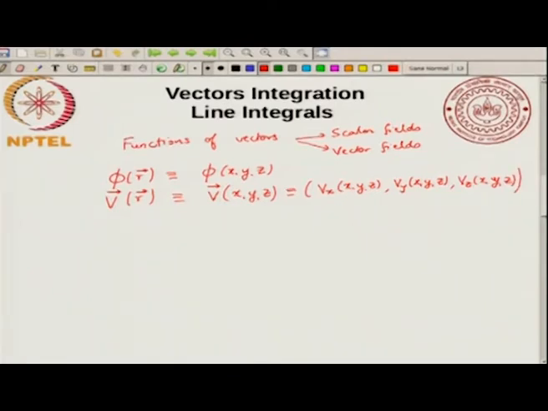Now there are some popular ways to define these line integrals, and based on what your application is, you use the appropriate one. One way of defining the line integral is to just do an integral over C. C is the contour or path of integration. And you can have something like v, a vector field, dotted into dr.